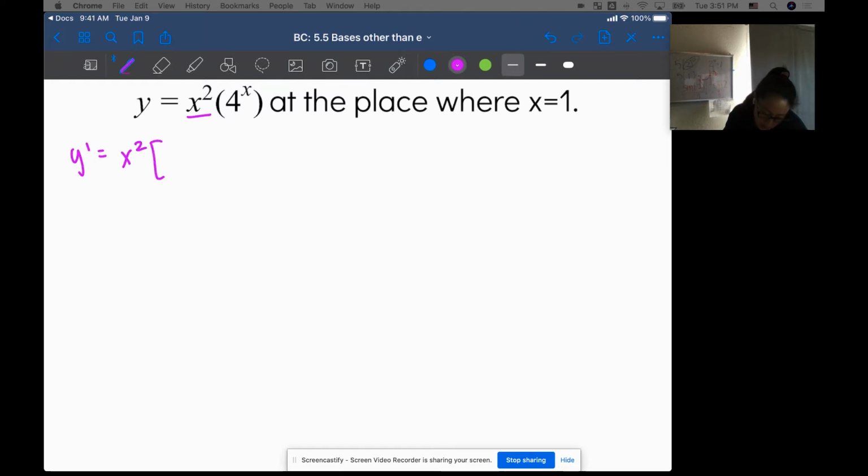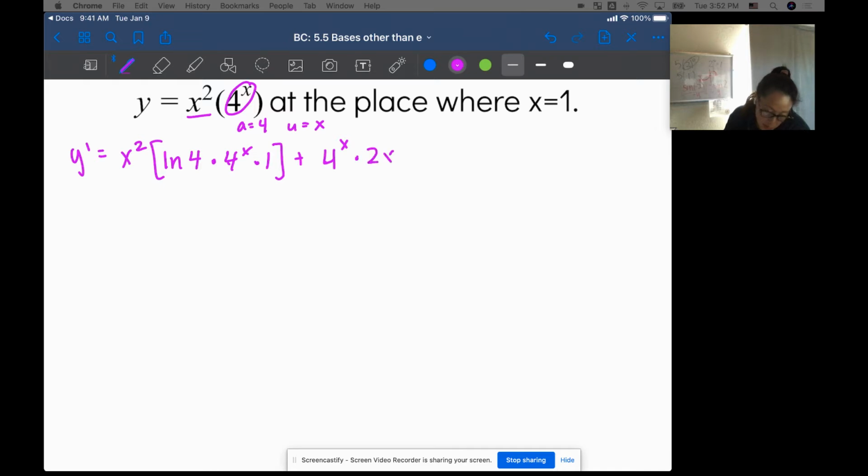The derivative of the right would be, my a is equal to 4 and my u is equal to x. So I get the ln of 4 times 4 to the x times the derivative of x, which is 1, plus the right d left, so 4 to the x times 2x.